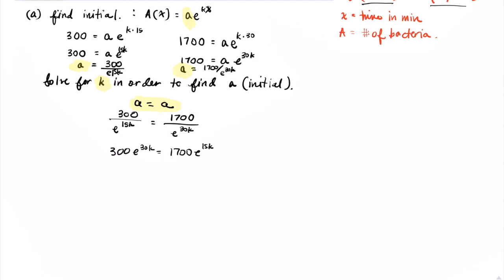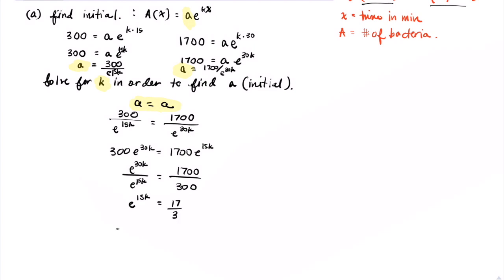And then if I keep going, I'll get 300 over 1700, I mean, e to the 30k over e to the 15k, which is equal to 1700 over 300. Then, using some exponent rules, this becomes e to the 30k minus 15k, and this is equal to 17/3.